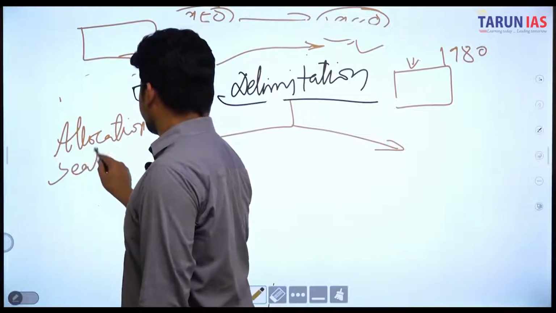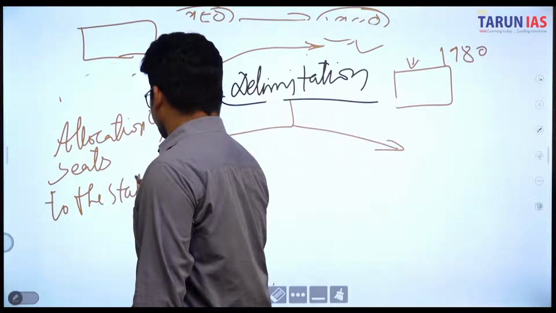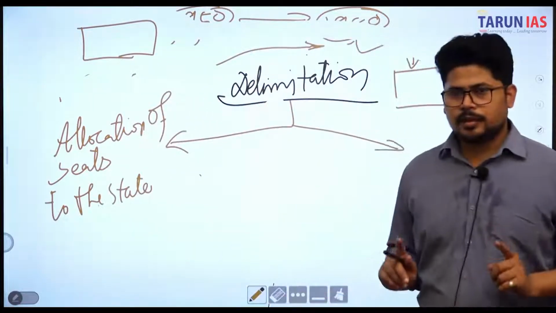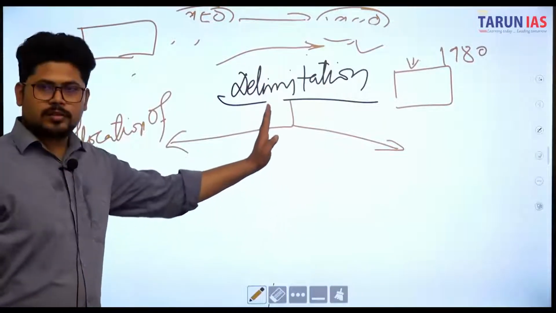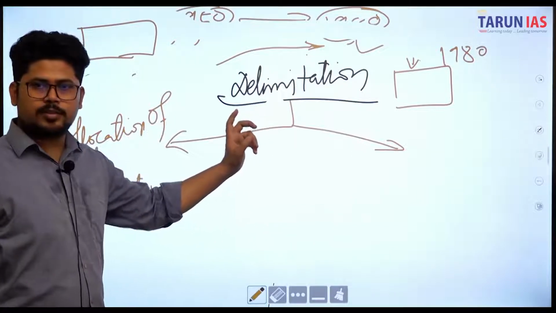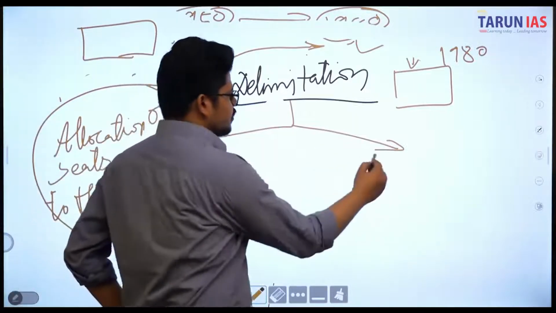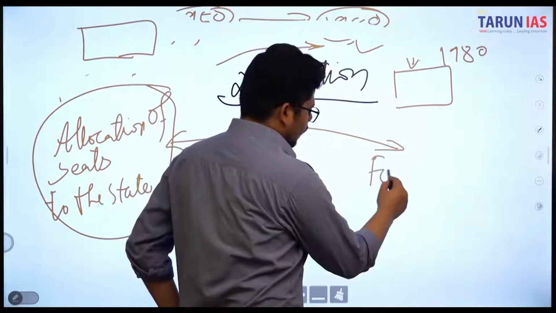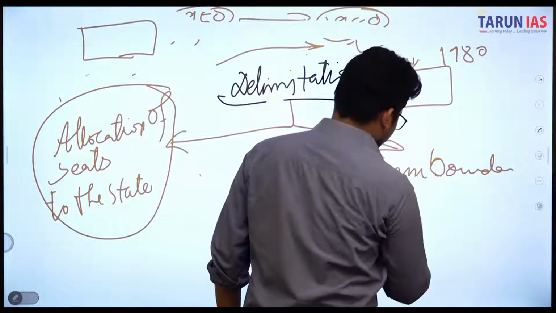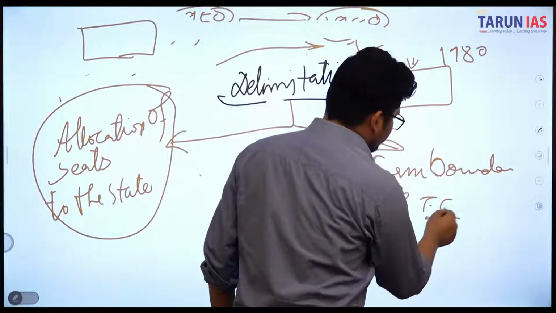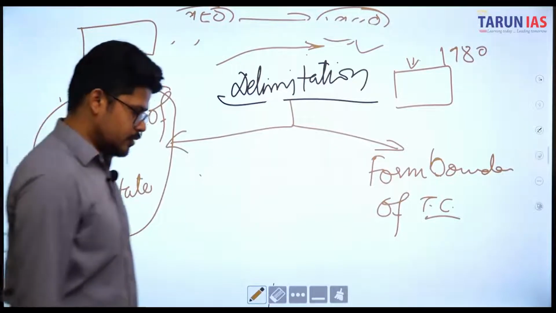Keep up with me, I'll explain all these one by one. The first task of the delimitation commission is to allocate seats to the state. The second task is to form boundaries of territorial constituencies.